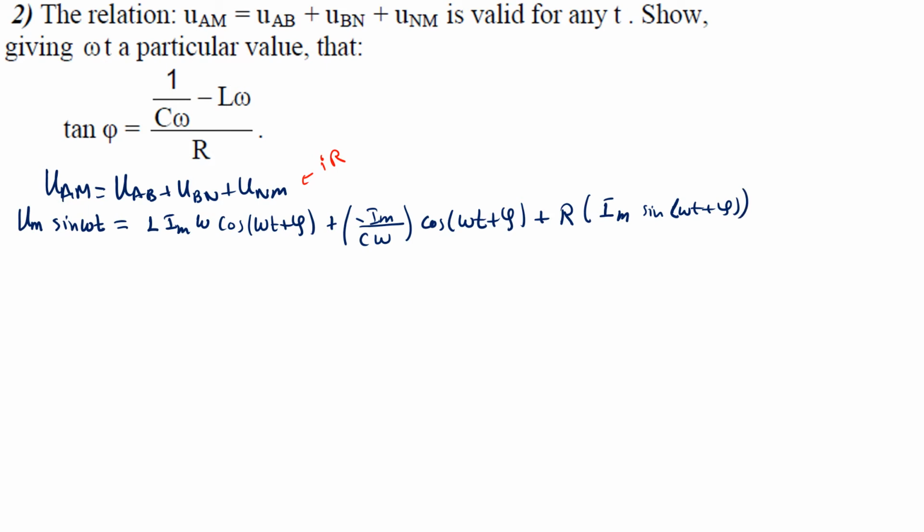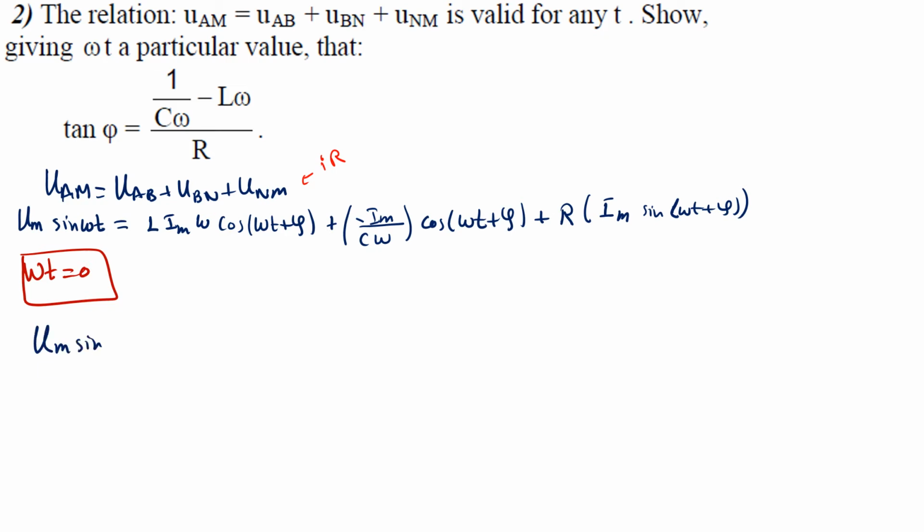Now we have the given condition of a particular value for omega t. A particular value for omega t can be omega t equals 0. So this is the particular value that I will consider. So let's see how the equation will be.